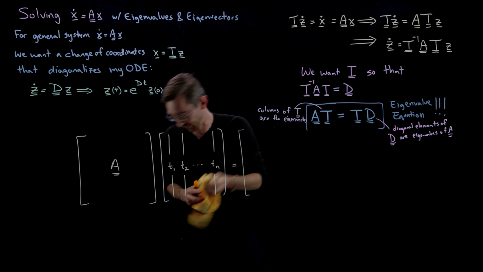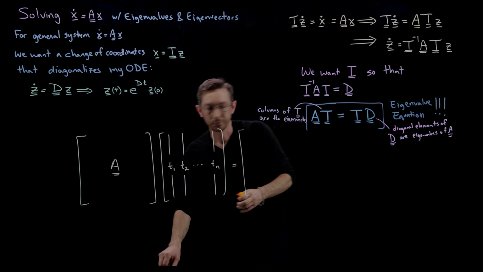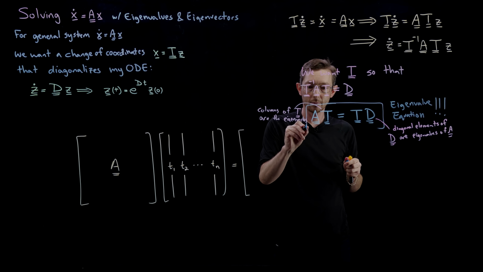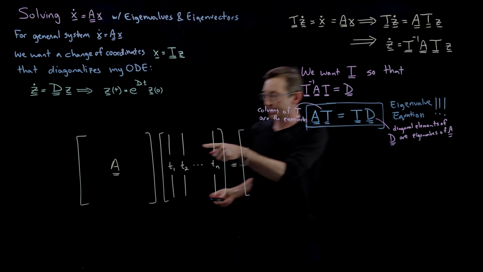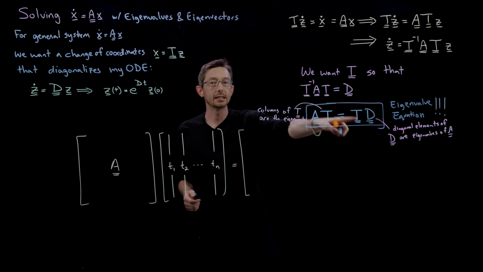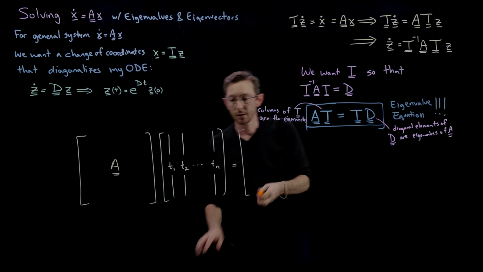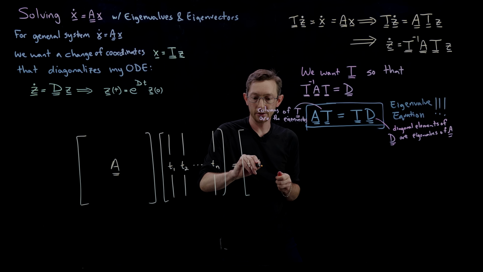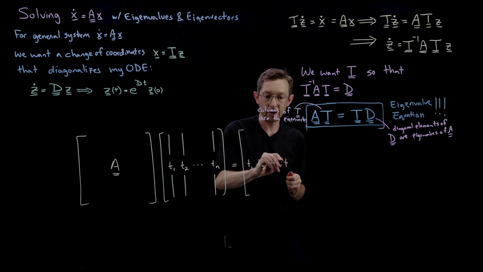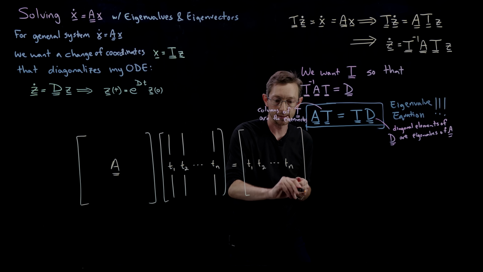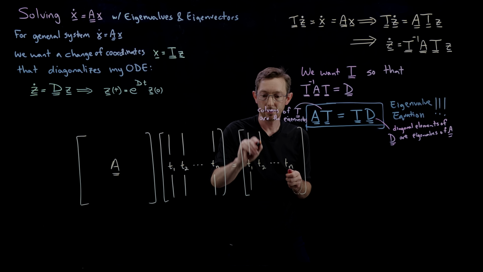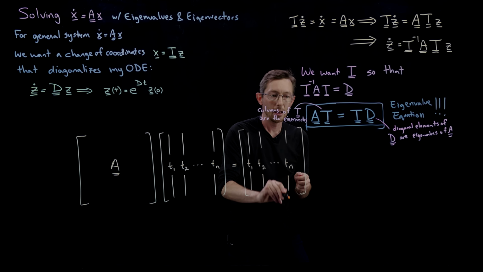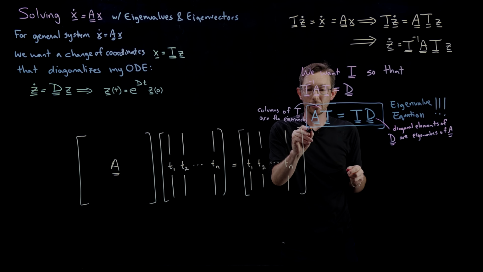Let's give myself a little more room here. So A times T equals T times D. So this is going to equal, again, T1, T2, dot, dot, dot, all the way up to Tn. This is, again, my T matrix, times D, my diagonal matrix.